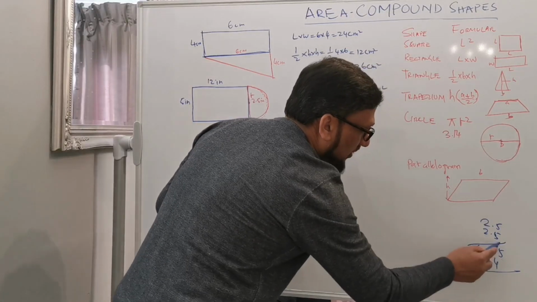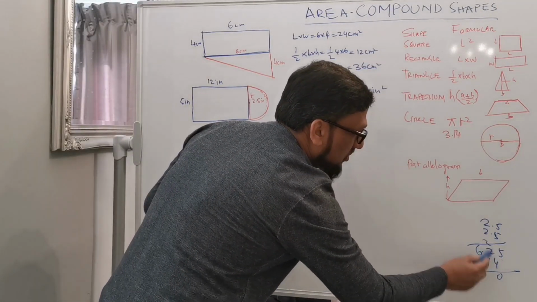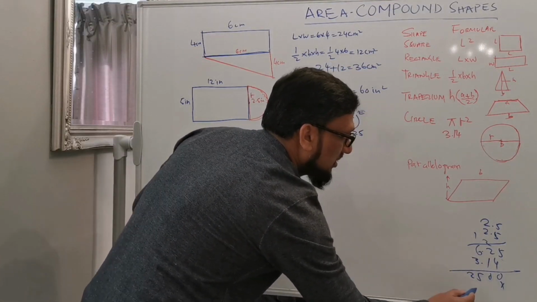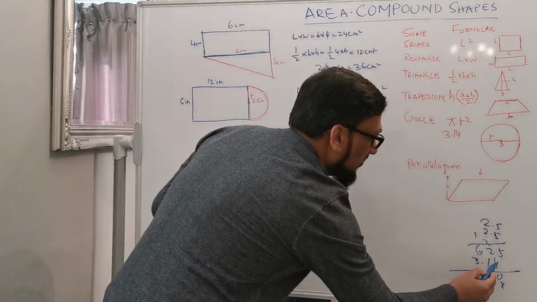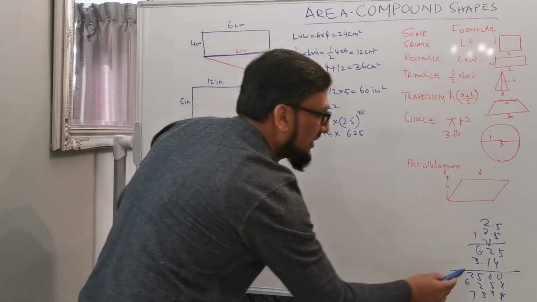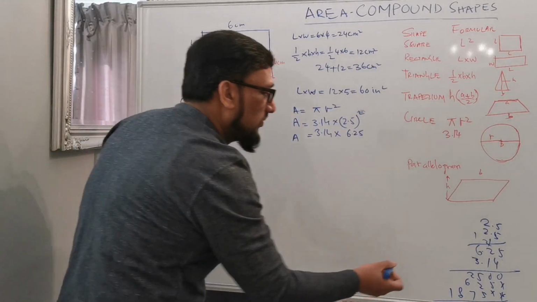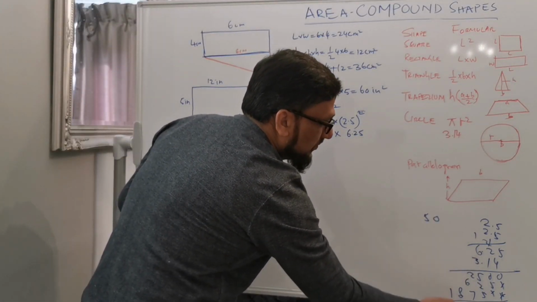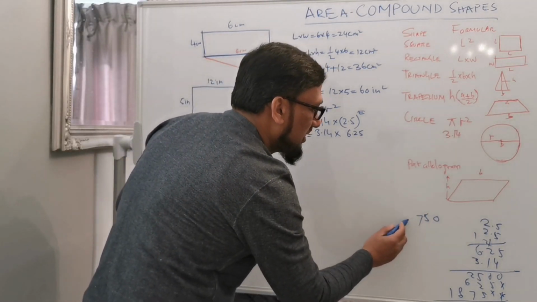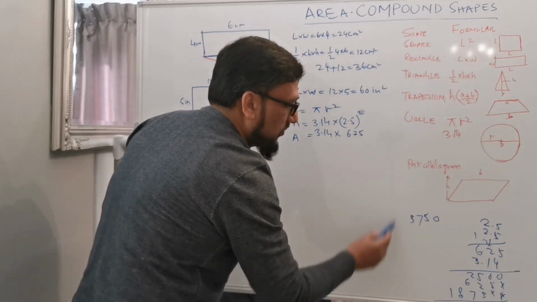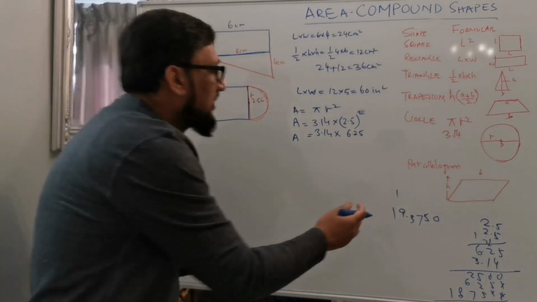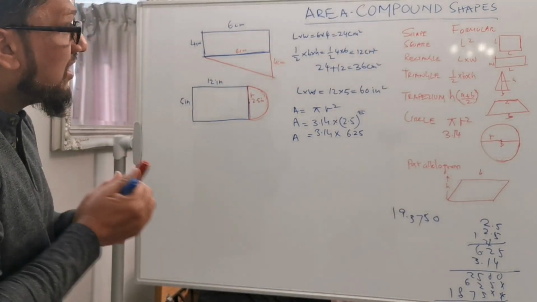Multiplying it out step by step, the total comes to 19.37, which is the area for the whole circle.